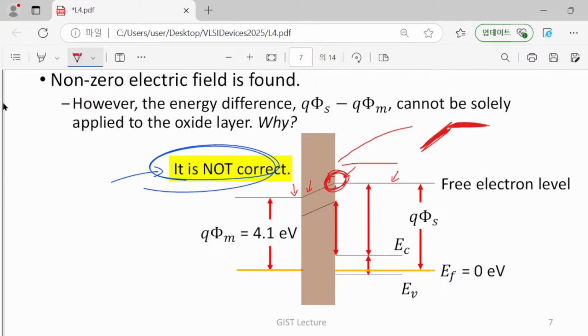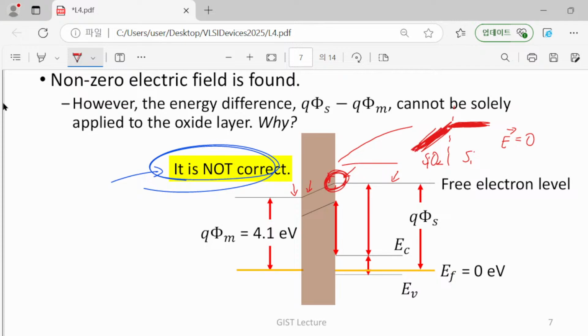If we just believe this diagram, then this is silicon dioxide and silicon, and it says that in silicon, the electric field is equal to 0 because the energy is just flat. And how about this?